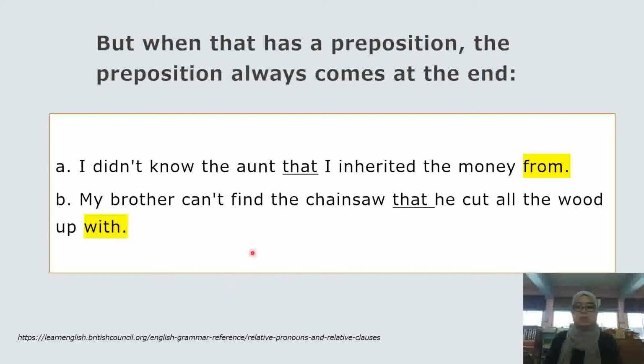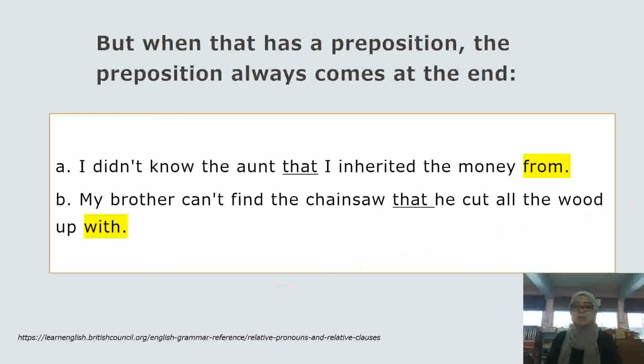So with is the preposition, and it is at the end of the clause. This is the difference between the use of the relative pronouns who or which and that, with the preposition either at the beginning or at the end of the clause.